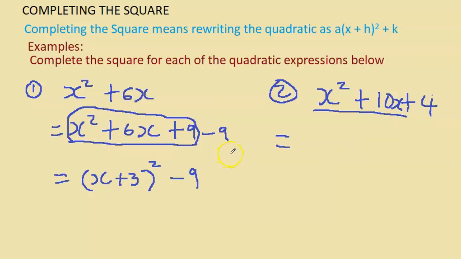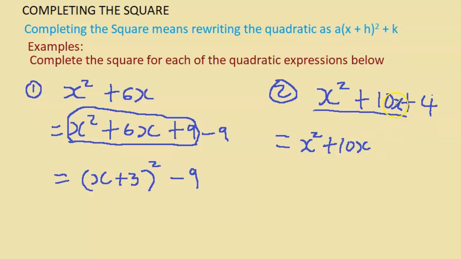And how very easy to get that value. Half the 10, so half the b, or remember the b is what we call the coefficient of the x in a quadratic. So the a is 1, b is 10, c is 4. So we half the 10 and square the result. So what we'll have is x squared plus 10x, and get the number here.